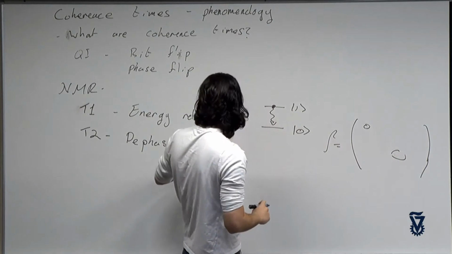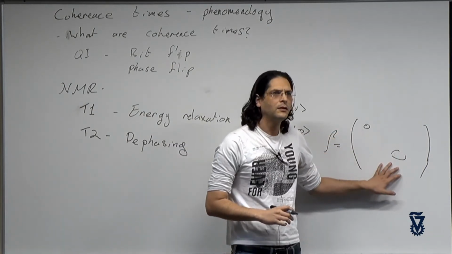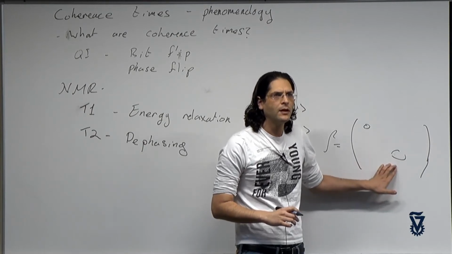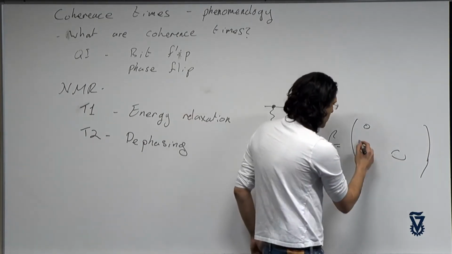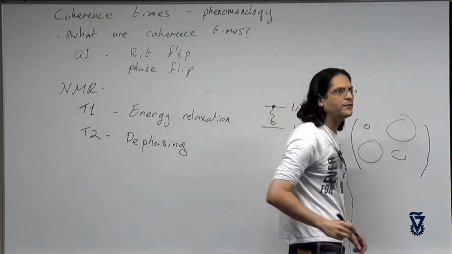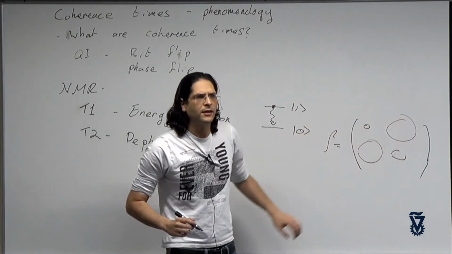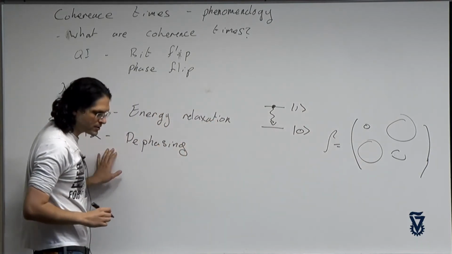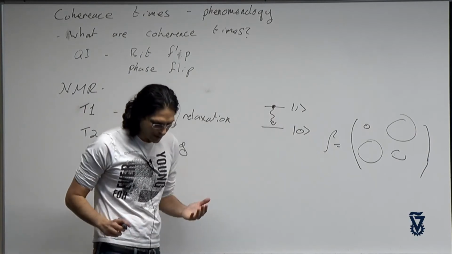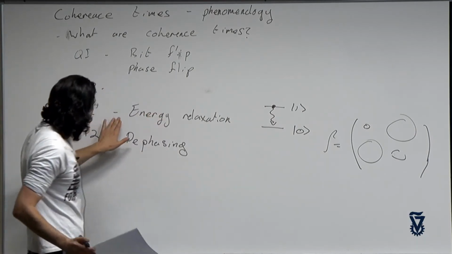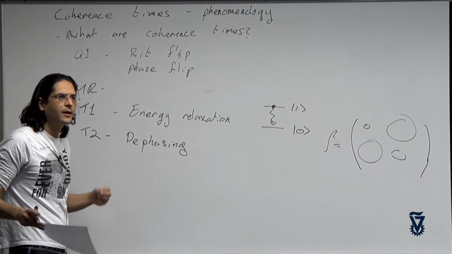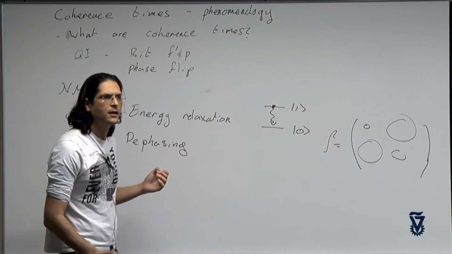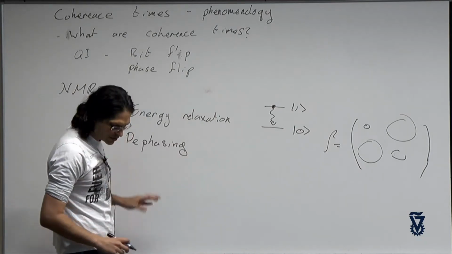So T1 would cause the population to transfer, but a dephasing event would cause the decay of the off-diagonal elements without touching the diagonal elements. So these are in general the two processes that we will see. And they have very good underlying physical reasons, so microscopic origins to all these things. And we'll discuss them in just a moment.